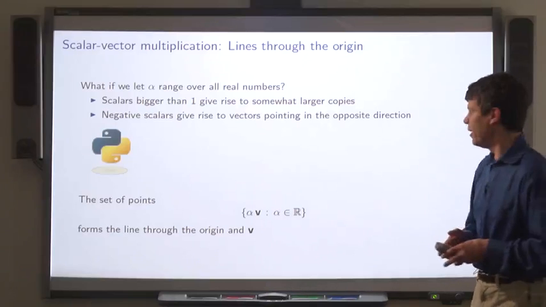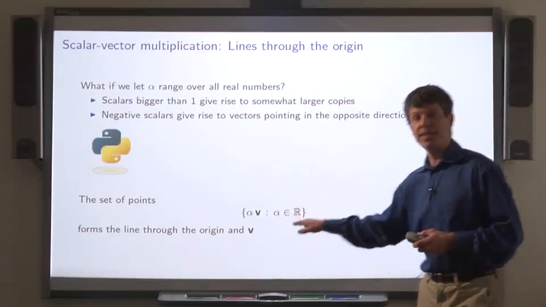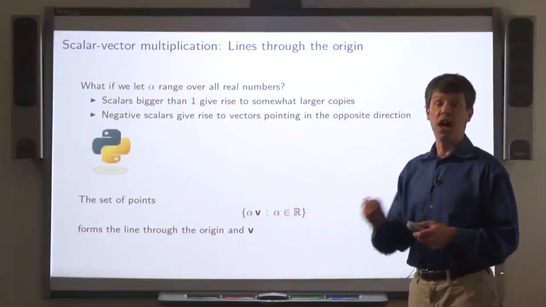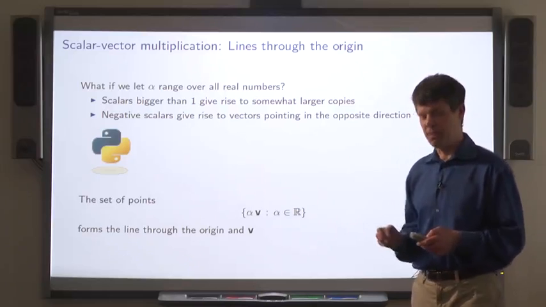Our conclusion is that if you let alpha range over all real numbers, the set of scalar multiples forms the line going through the origin and the vector v represented as a point.